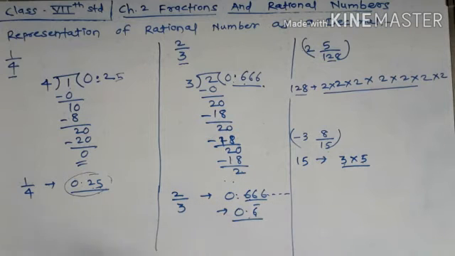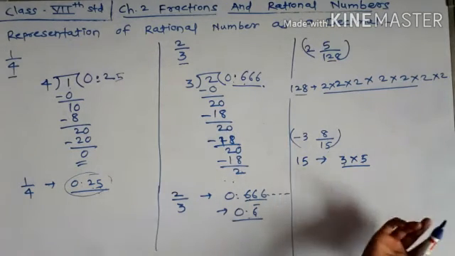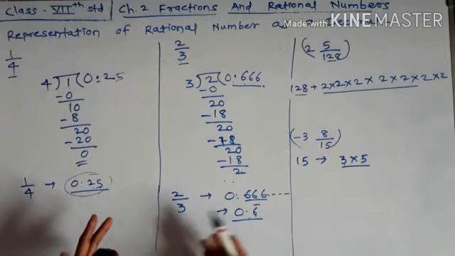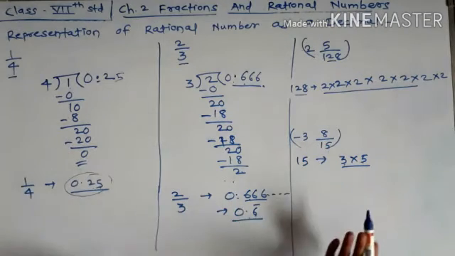So without actually finding the division, we can say whether a rational number has a terminating or non-terminating decimal representation.